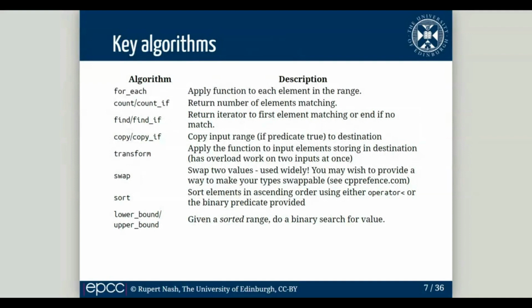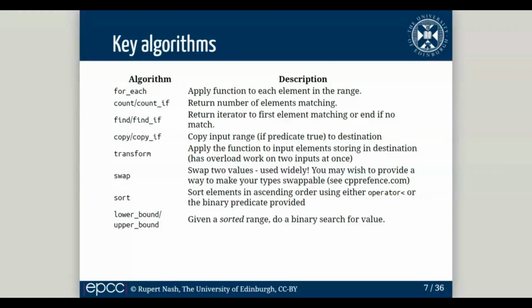So just before, we gave a specific possible implementation, but you also have implementations provided to you by the standard library. We have a number of example algorithms that may be useful later. We have for_each, applying a function to each element in the range, quite a common pattern.